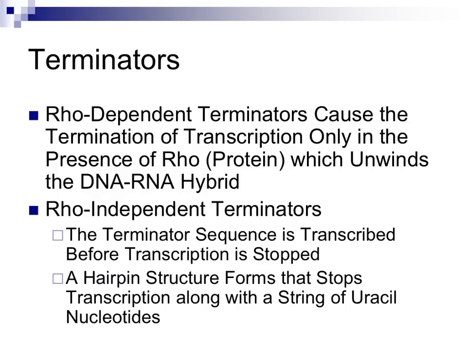Once the RNA strand has been removed from the DNA template by the Rho protein, transcription has ended. What about rho-independent terminators? In this case, there is a terminator sequence, and it is transcribed and generates a hairpin structure that stops transcription. Now, this hairpin structure usually occurs along with a string of uracil nucleotides, but this hairpin will stop transcription.